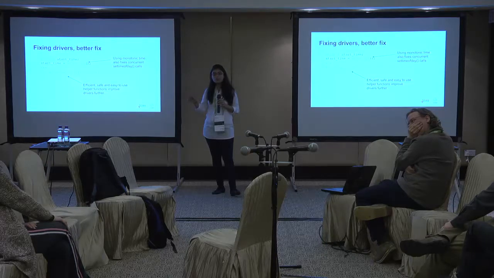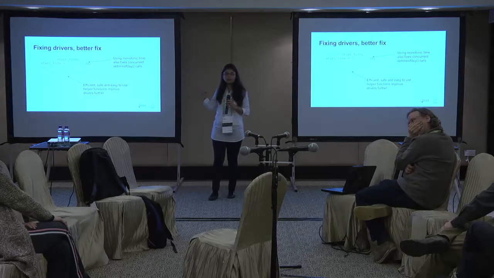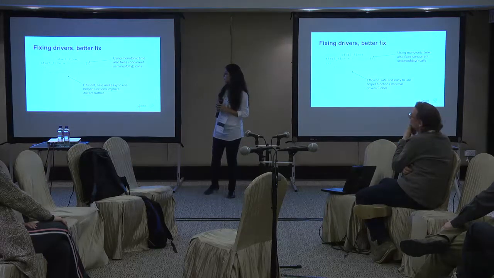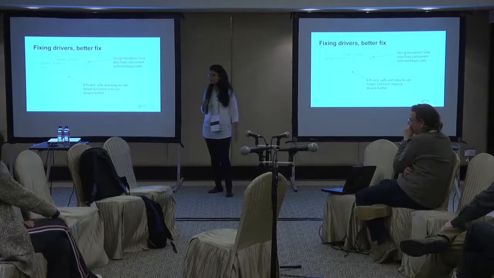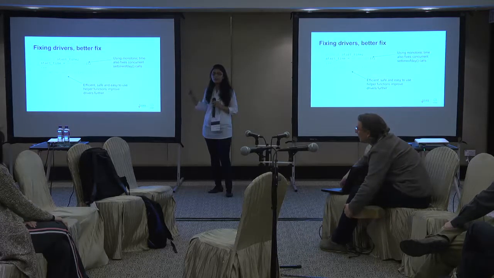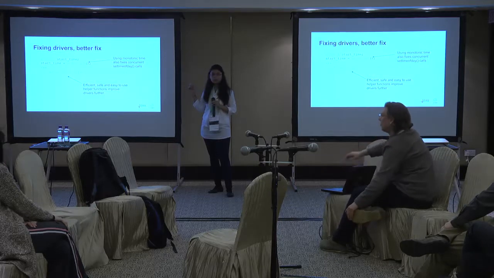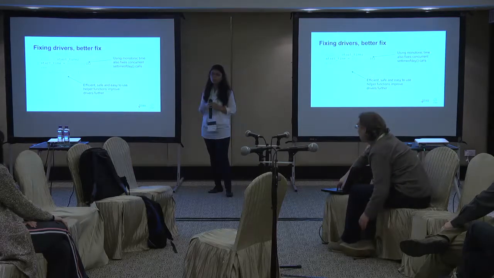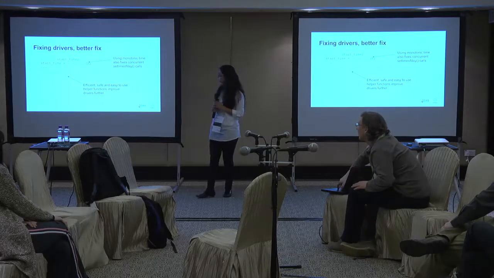So there we need to convert the t into nanoseconds. Here we are getting a direct replacement in nanoseconds. So it's efficient, safe, and easy to use. Another benefit is that the number of lines of code was around 9, and here it's reduced to 3.